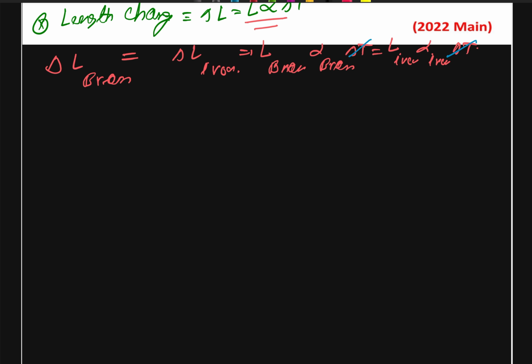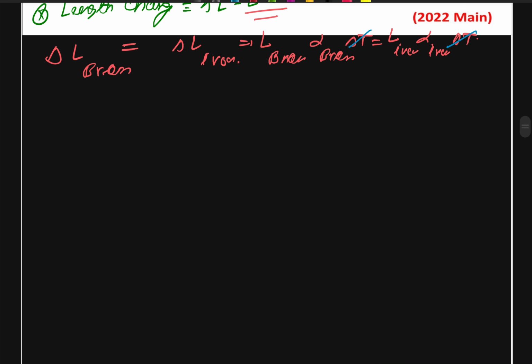So from here we need to find the length of iron. Length of iron will be equal to length of brass, coefficient of brass divided by coefficient of iron.